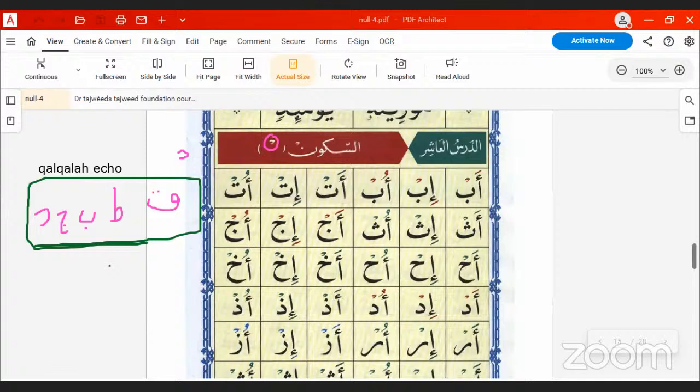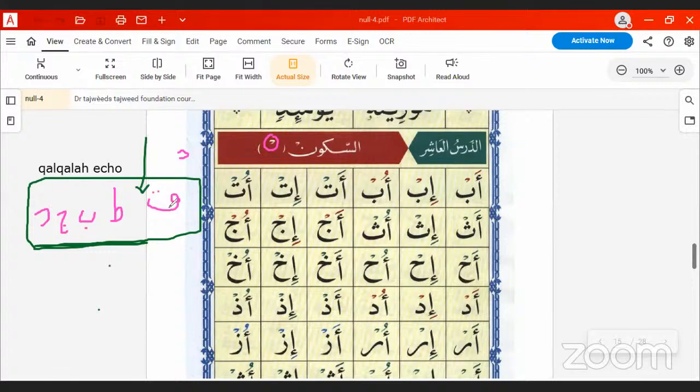Now, the first line which I'm going to read is ab, ib, ub. At, it, ut. Listen to it once again. At, it, ut. I didn't say it with an echo. Why? The ta is not a kalkala letter. Is the ta in this section?